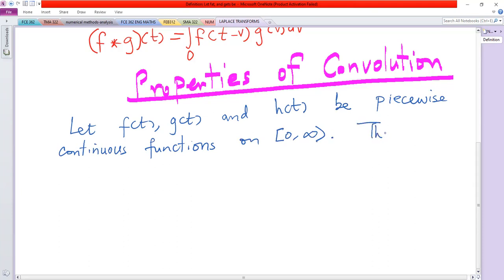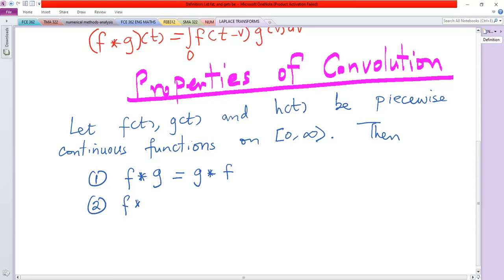Then we have the following properties. One, the convolution of f and g is the same as the convolution of g and f. So commutativity holds.